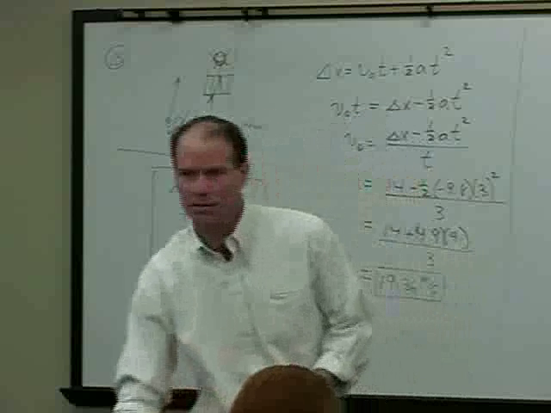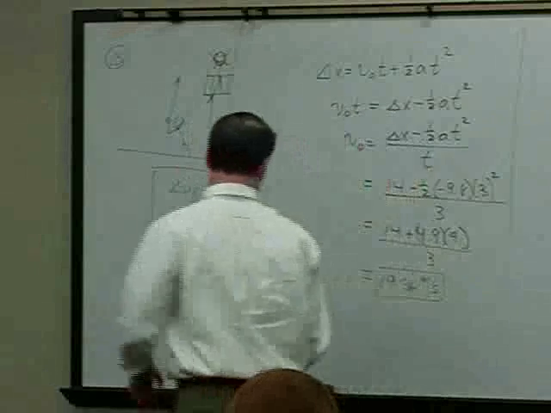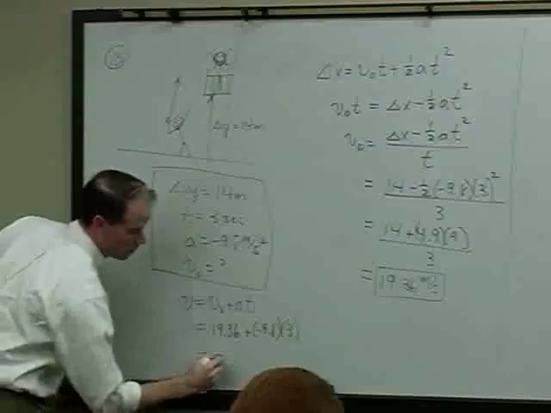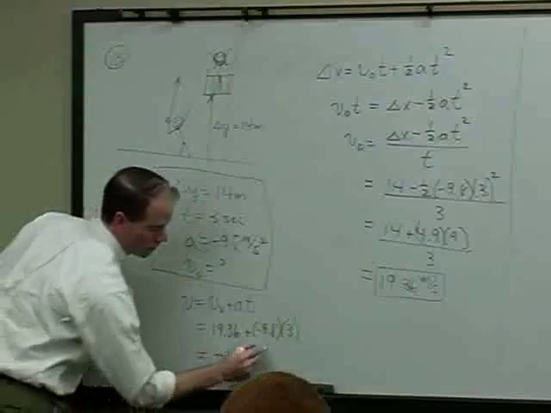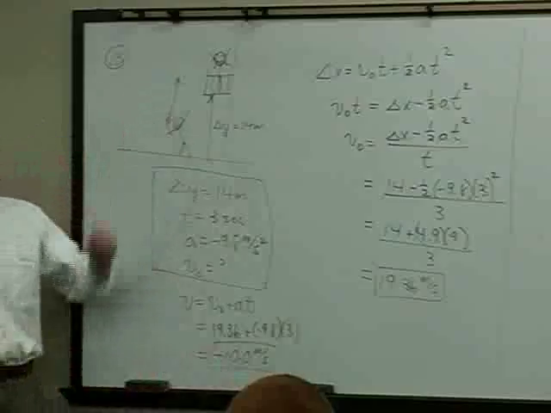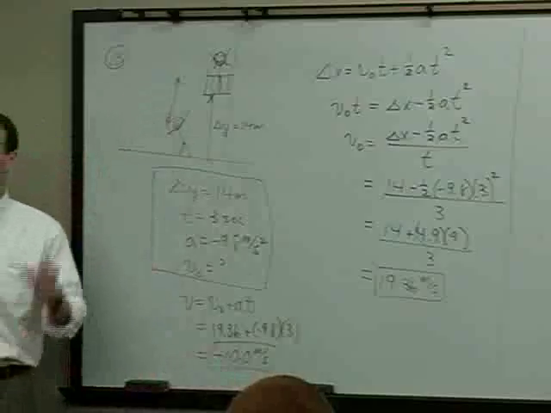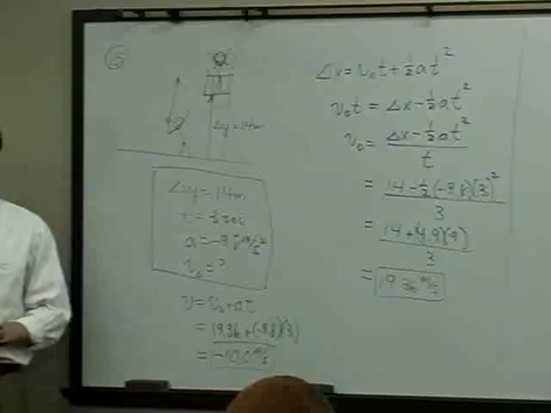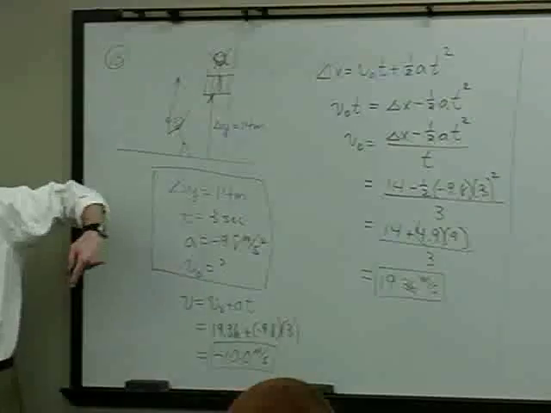Gives me a negative 10.0. Which means when the person caught it on the balcony, the velocity of the ball was negative 10 meters per second. The negative meaning that it was actually on its way down.